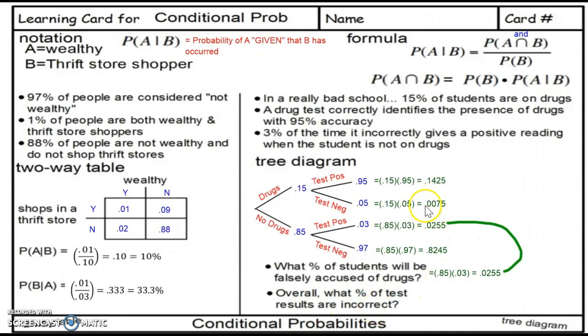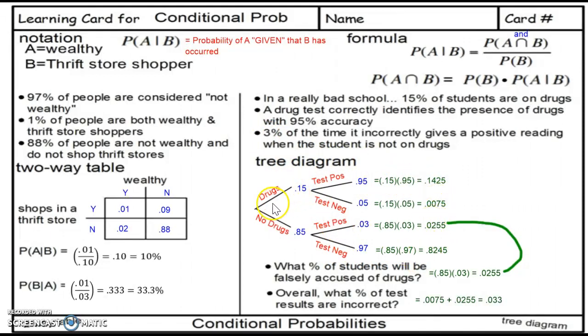So what I need to do is take 0.0075 plus 0.0255 and add the 2 together. And when I do that, I end up getting a probability of 0.033.